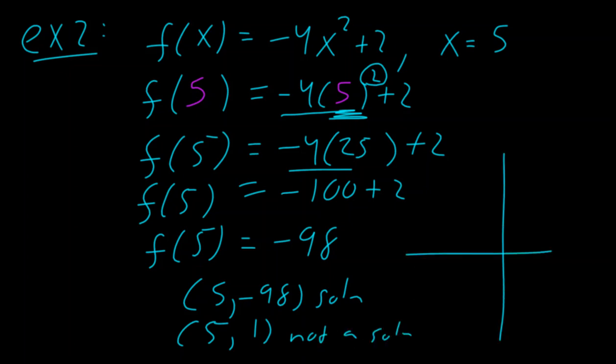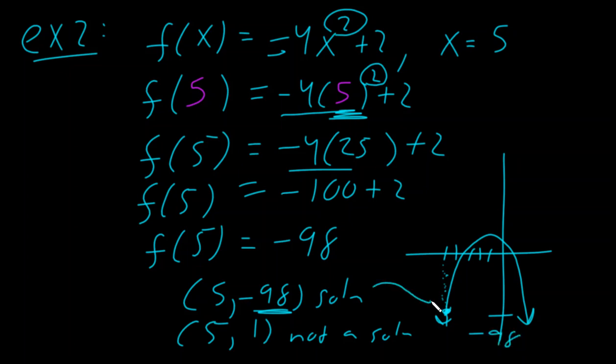And what would this look like? Notice x squared is an even function, but it's negative, so in this case it's actually going to open down. It'll look something like this, and we could say this, hey, 1, 2, 3, 4, 5. If we went all the way down to where we hit this graph, it would hit at a height of -98.